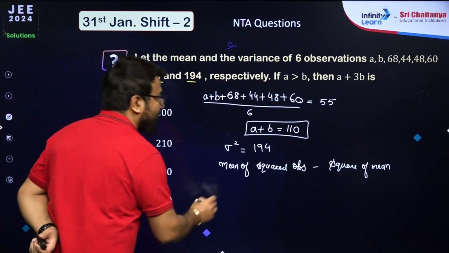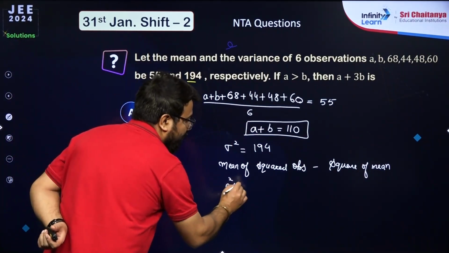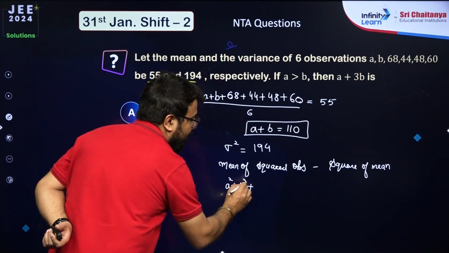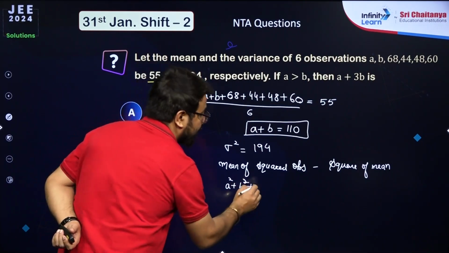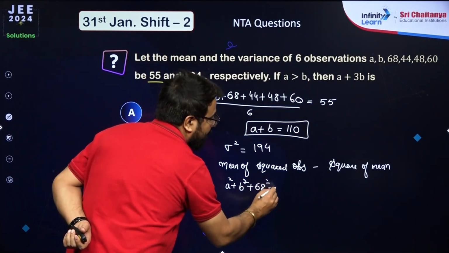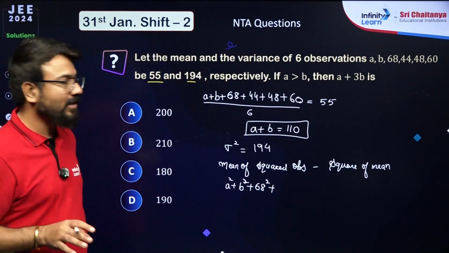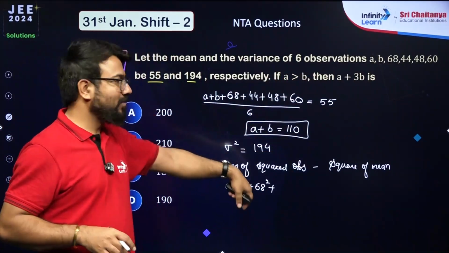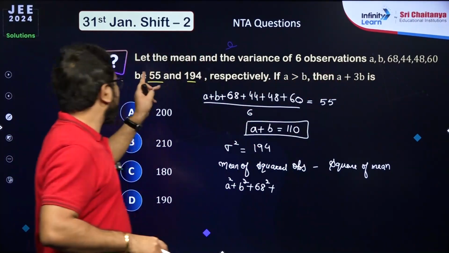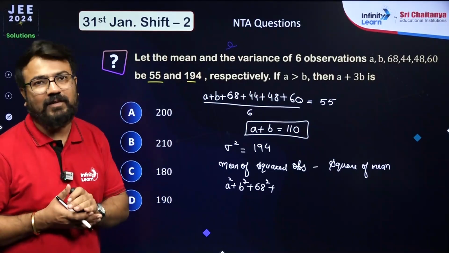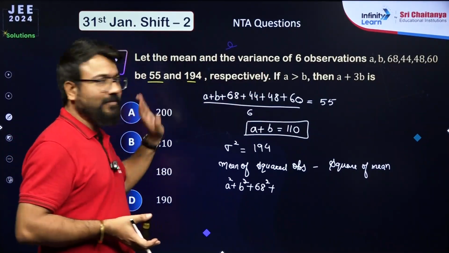So the mean of the squared observations means a square, then b square, then 68 square, then 44 square, 48 square, and 60 square. If you want to use the other formula, you can use that also, when each and every term is subtracted from the mean. Suppose a is subtracted from 55, so a minus 55 whole square, b minus 55 whole square.